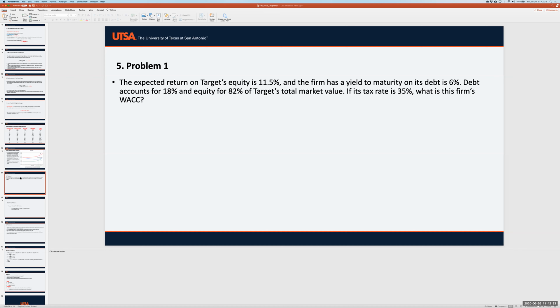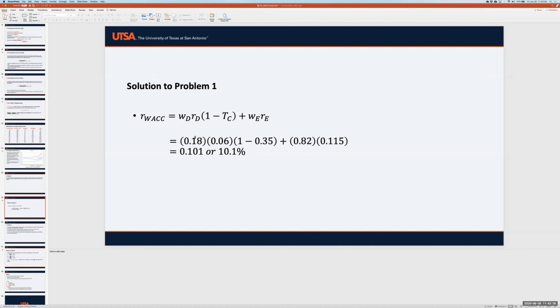We have weights for the debt and the cost of debt. We need to take care of the tax, because there's a tax shield, and the company doesn't pay tax on interest payments, interest cost. So we need to take care of this, and we have weights, and we have the cost of equity. Simple calculation. What is the debt ratio?